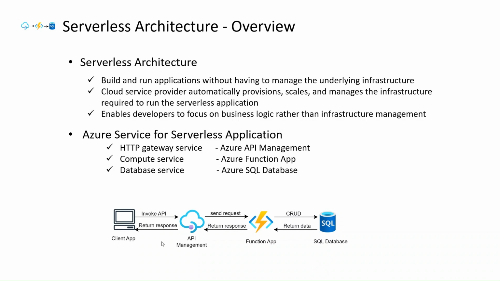As you can see in the below image, the client app calls the API Management API, and the API Management Gateway routes the request to Azure Function App, and Azure Function App interacts with Azure SQL Database for CRUD operations and returns the data to Azure Function App, and in turn Azure Function App returns the response to API Management, and finally API Management returns the response to the client app.